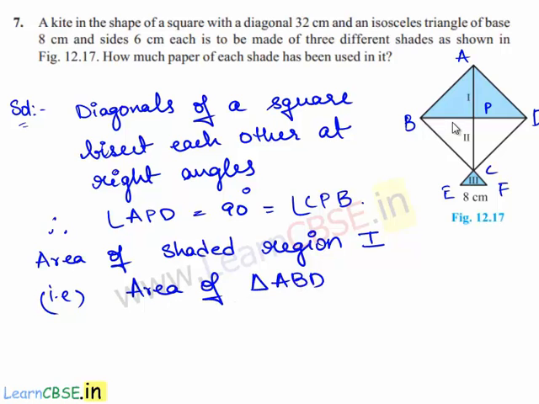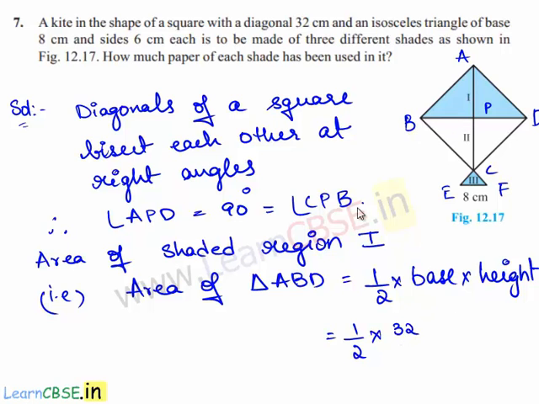Since it is a right angle triangle, area of triangle ABD can be obtained from the formula half into base into height, which is equal to half into base of the triangle ABD is nothing but the diagonal BD, which is 32 centimeters as given in the question, and height of the triangle ABD is AP, which is half of the diagonal of the square, that is half into 32. So 2 goes in 32 16 times. Therefore, area of the triangle ABD is 256 centimeters square.